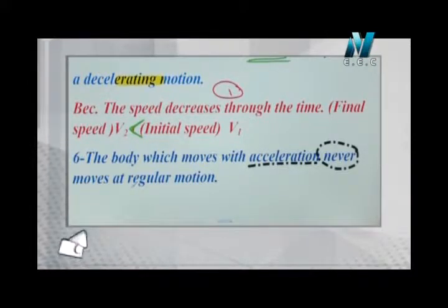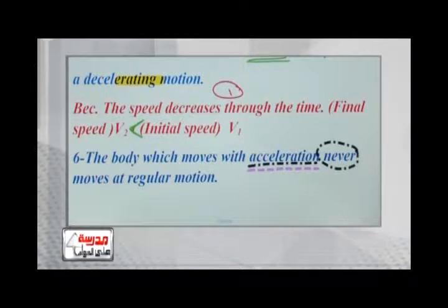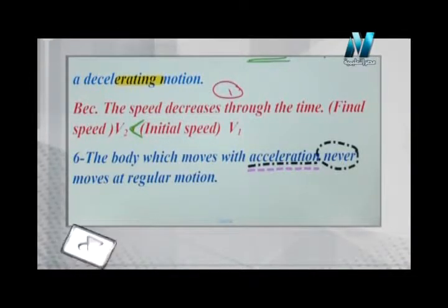We know what is meant by acceleration here. Acceleration as a definition is a change in speed through time unit. The speed changes. Maybe it increases, as increasing acceleration if the speed increases through time unit, or maybe the speed decreases through time unit as decelerating motion.